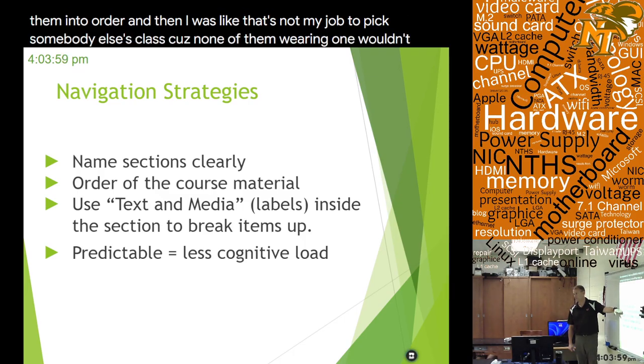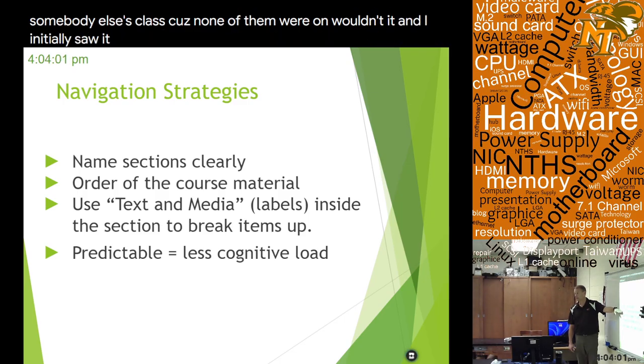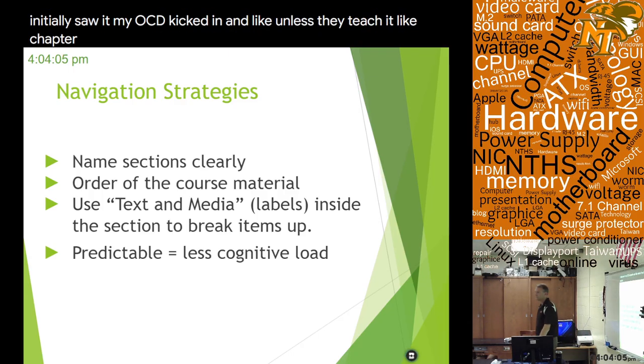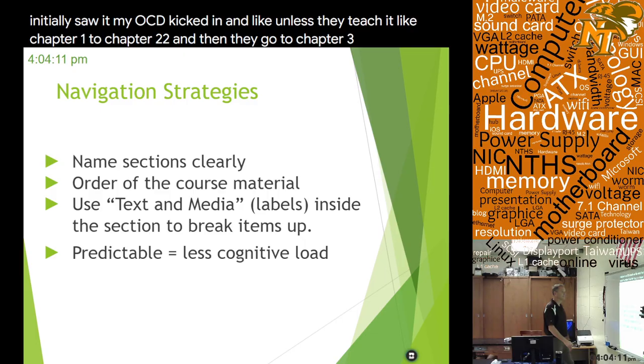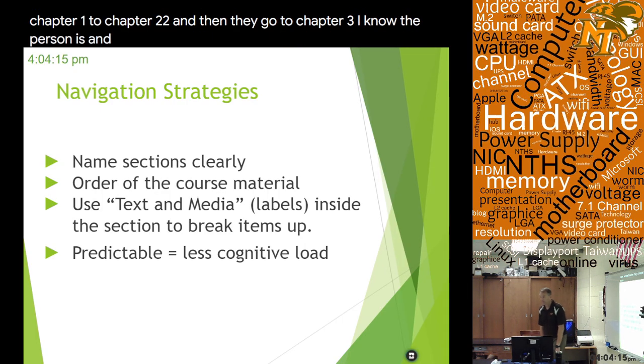When I initially saw it, my OCD kicked in, and they're like, well, unless they teach it like chapter 1 to chapter 2, and then they go to chapter 3. They do not. Makes sense out of that, right? I know. It's in where the group is.